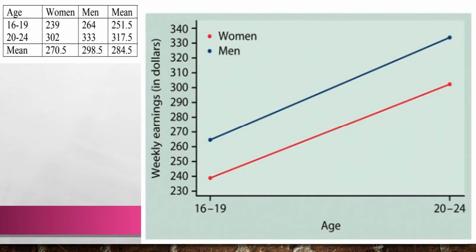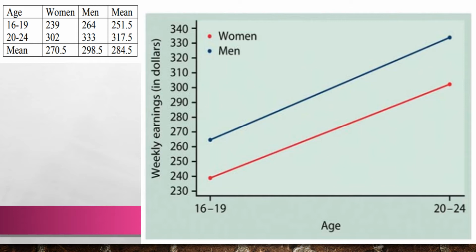In our graph, the only two effects that are present are an effect due to age and an effect due to gender. We know that men make on average more than women, but there is no dependence on age to determine the amount that men make more than women.